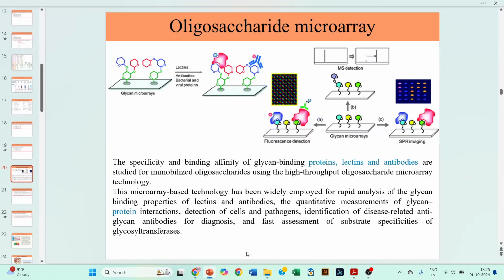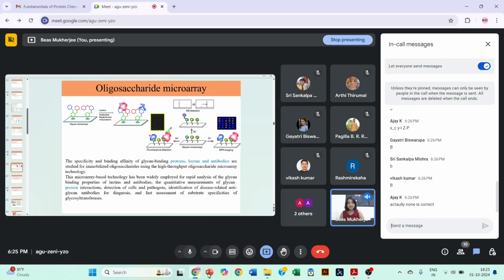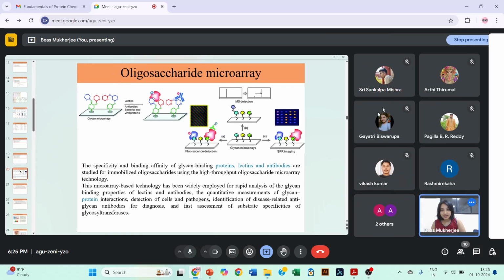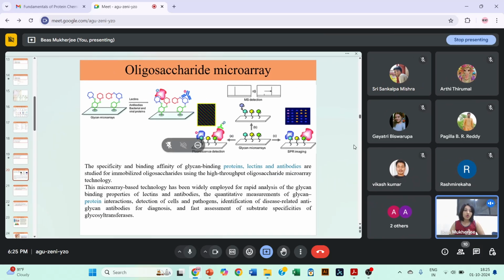Right. So we will go to something interesting, and this is oligosaccharide microarray. Okay. So in oligosaccharide microarray, what is happening? These oligosaccharide moieties are taken. Oligosaccharide moieties are immobilized on a plate. Alright.